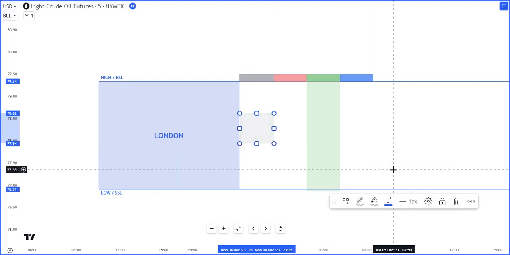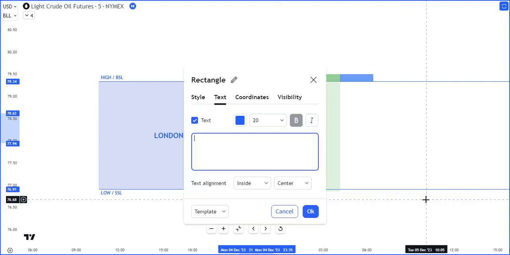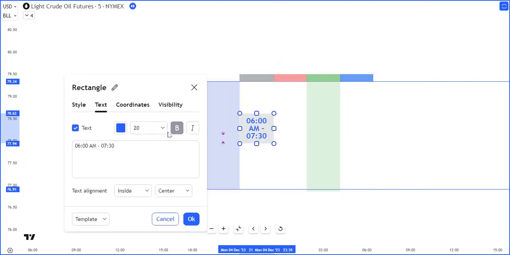This accumulation range is always fixed from 6 a.m. to 7:30 a.m. This is our dealing range. This is our Q1 accumulation range.